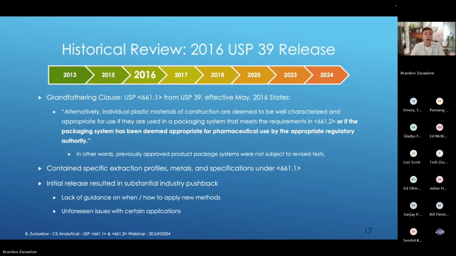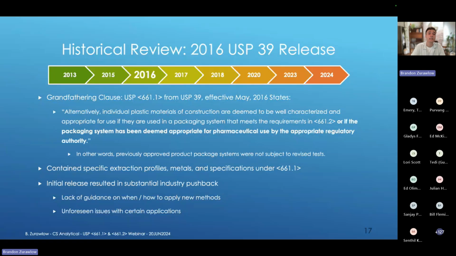So after being introduced in PF in the 2015 timeframe, in 2016, 661.1 and 661.2 were actually made effective in May of 2016. So they fully replaced USP 661 at the time that they were made effective immediately. Importantly, when these chapters were made effective in May 2016, they included what we refer to now as the grandfathering clause.